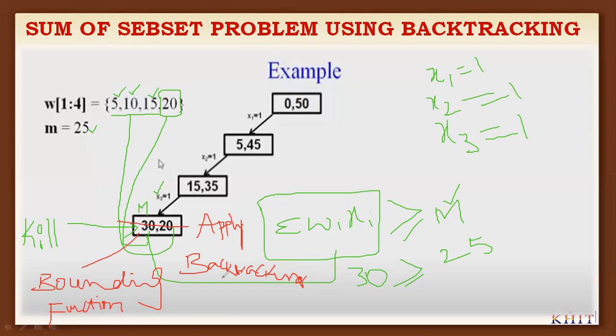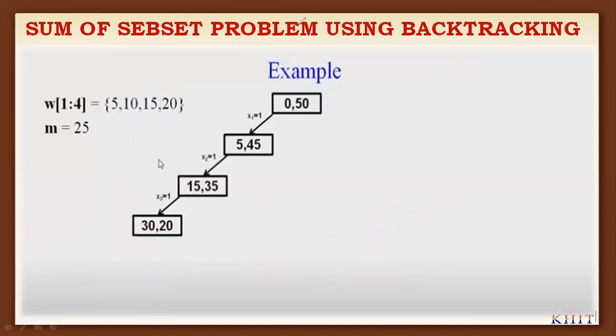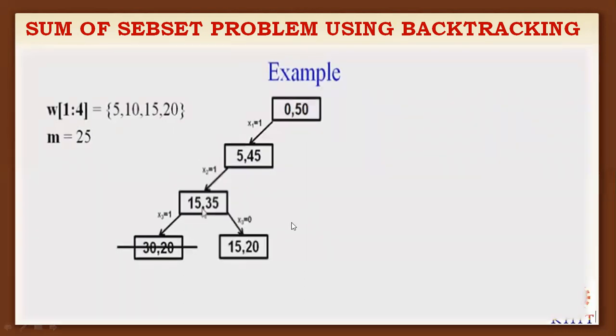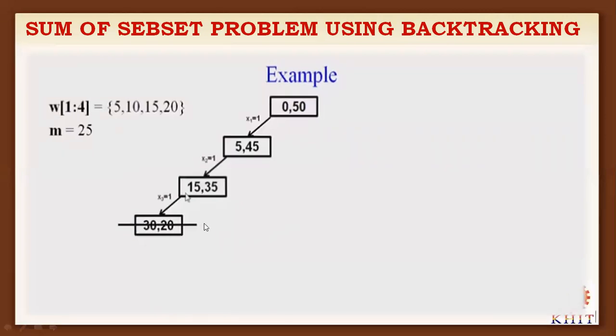Now the node was killed here. Why? Because the sum, 30, is more than the given value of m, 25. Hence, stop creating the tree. Then simply kill the node, and once the node is killed, you apply the backtracking technique.